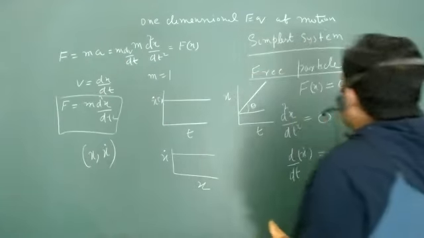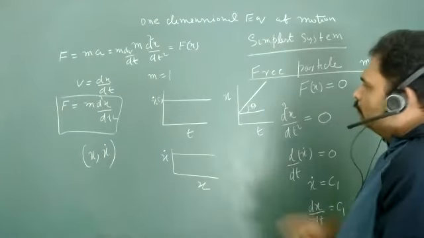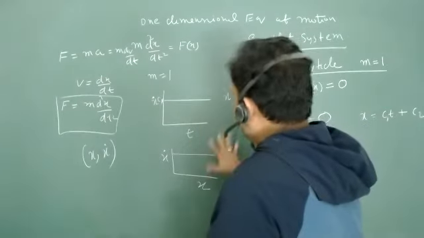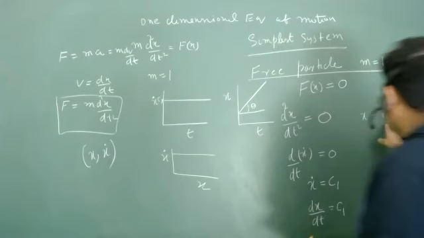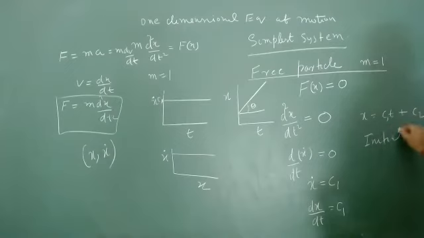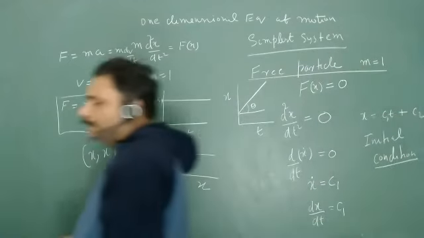So these are all the properties of the free particle. Whenever you get this sort of equation, you will have to say it is a free particle. And c1 and c2 are defined by the initial conditions, and those initial conditions are circumstantial in nature.